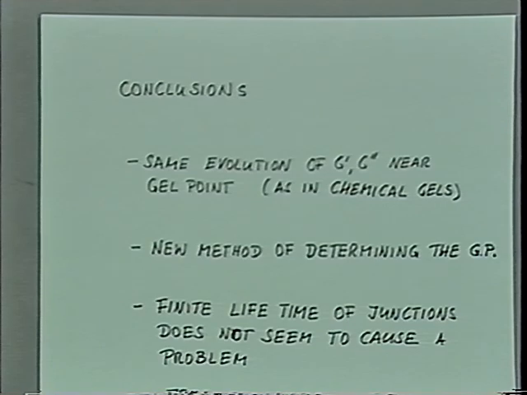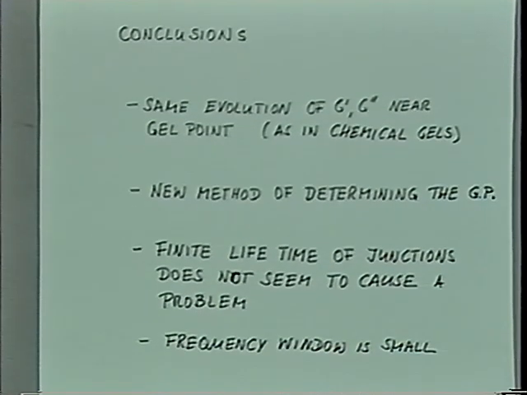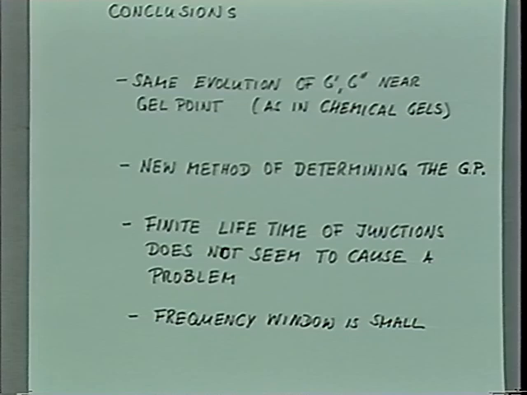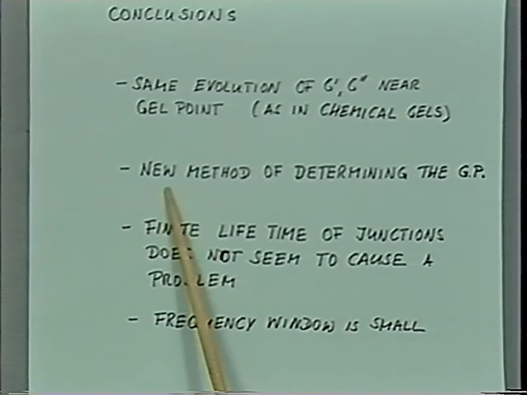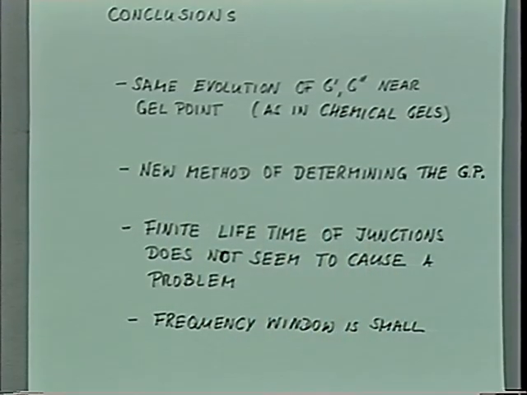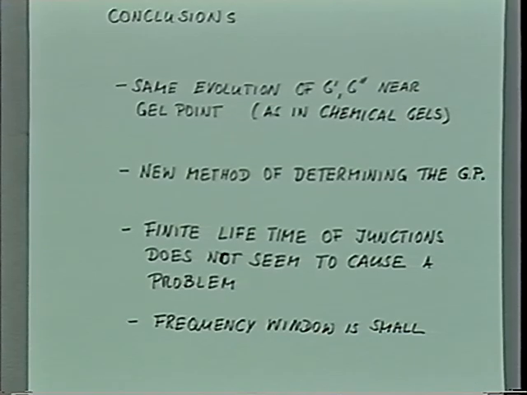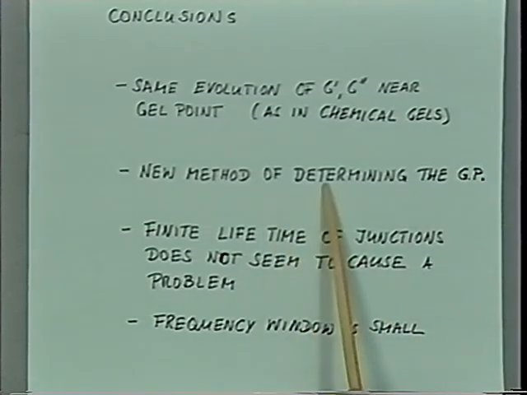So the conclusion from revisiting Tanaka's old data was that the same evolution of G prime, G double prime occurs near the gel point, the same as we saw in chemical gelation. And a new method now has been found for measuring the gel point for physical gels.